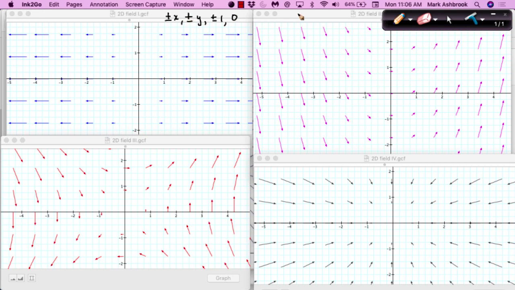For instance, a vector field might be minus y, 0, or x, negative x, or 1, negative y, or something like that. So for these four, you're coming up with what they are using those possibilities for your x component and your y component.